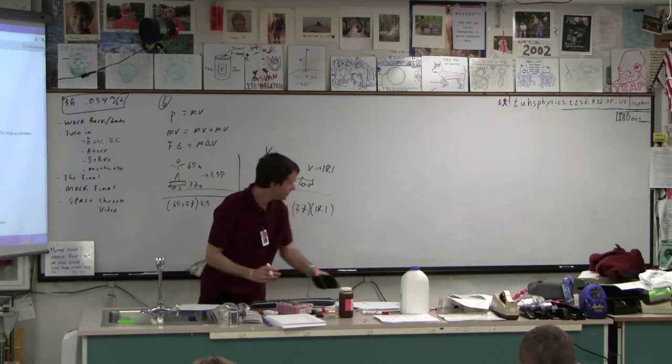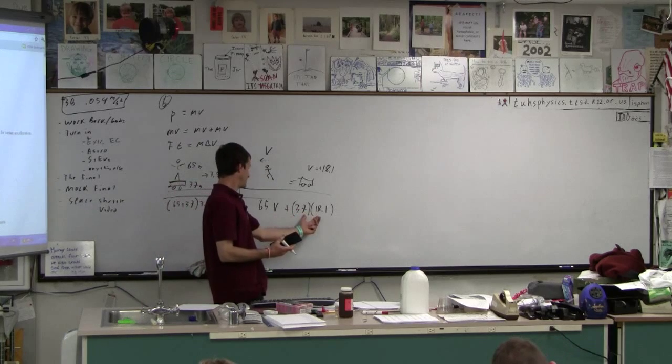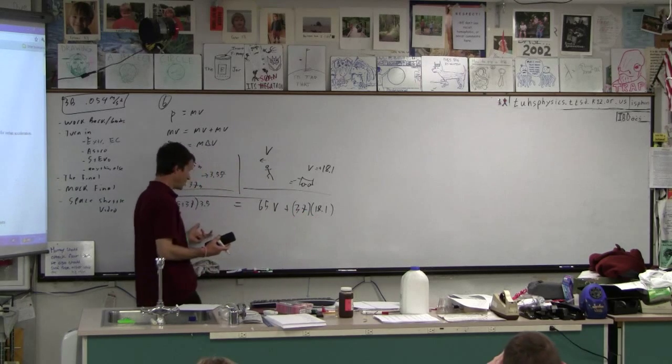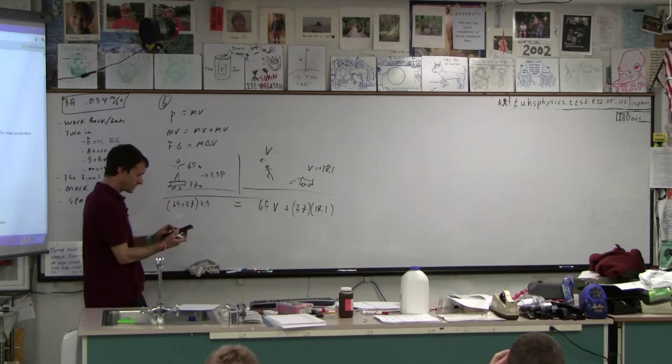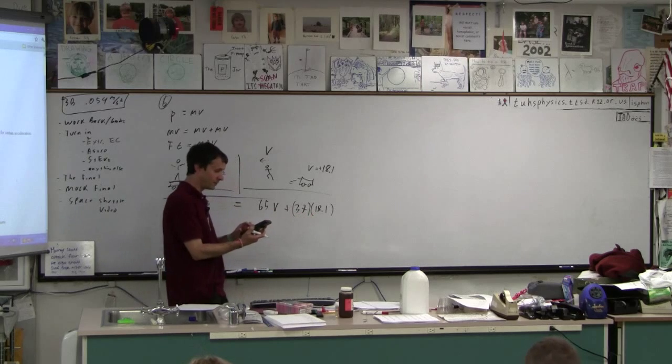Okay, so this becomes this, then I'm going to subtract this to get everything on this side, right? So second entry, there is 65 plus 37 in parentheses times 3.5, and then I'm going to take this, subtract it from both sides.